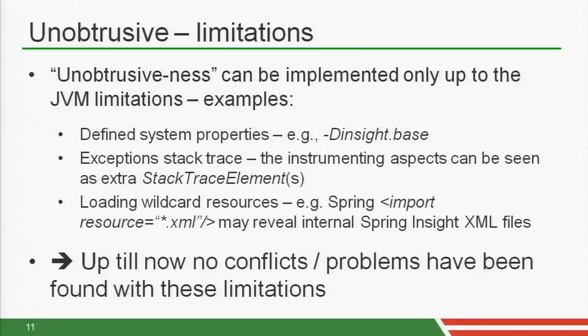It's usually not an issue because we try to adhere to recommended good practices, and in Spring, it is not a good practice to just load wildcard resources. You might use some known prefix or something. All my application context star something asterisk. Okay. But like I said, up until now, we have not found any conflicts or problems with this.